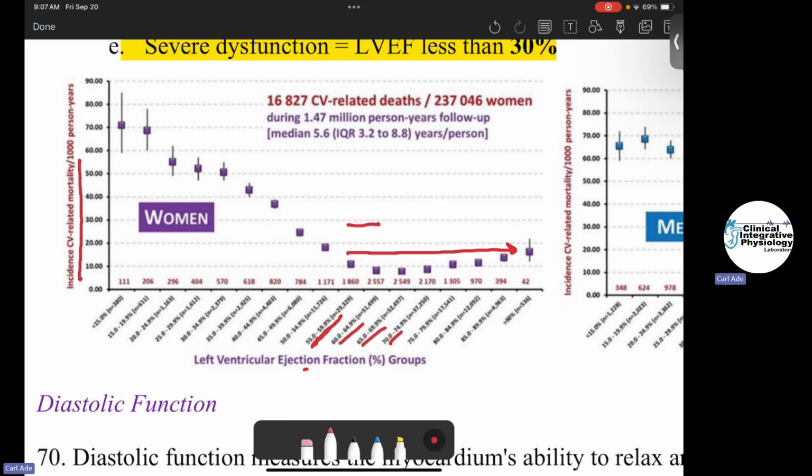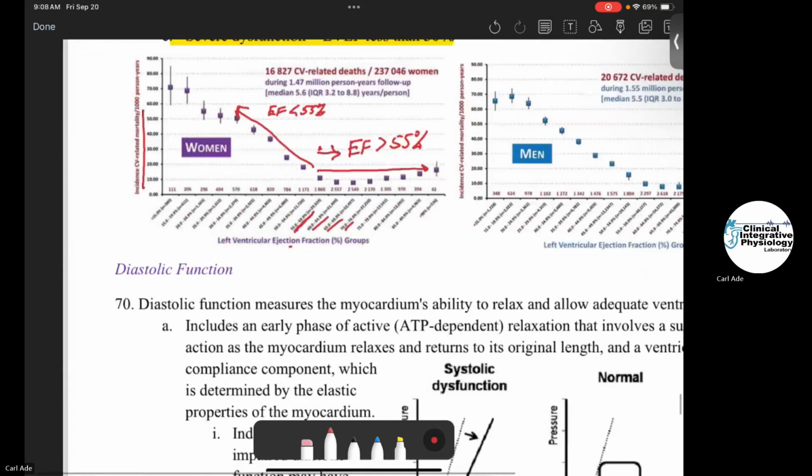So everything over that direction is an ejection fraction greater than 55%. And note that as we now get here, the risk goes considerably higher. Now our ejection fraction is less than 55%. You can see the same thing with men.